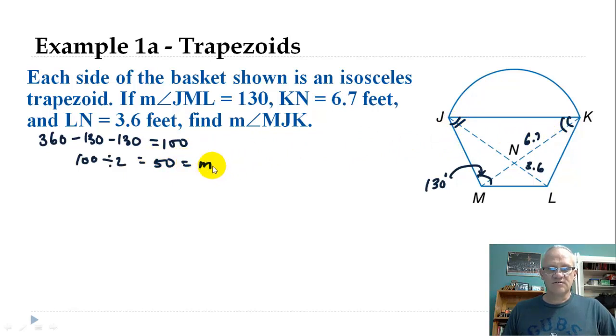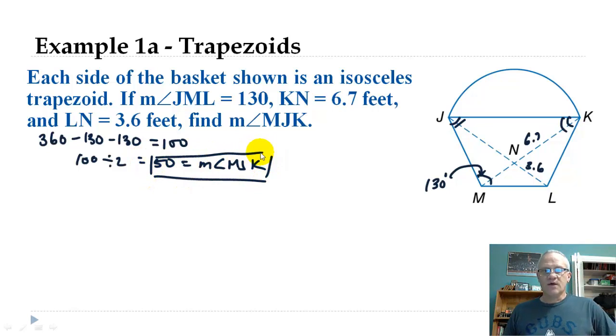And so in this case, more specifically, the measure of angle MJK is 50. The other way that you could approach this, keep this in mind. Haven't talked about this much, but remember, here are your parallel sides. In parallelograms, any pair of consecutive angles were supplementary. They added up to 180.